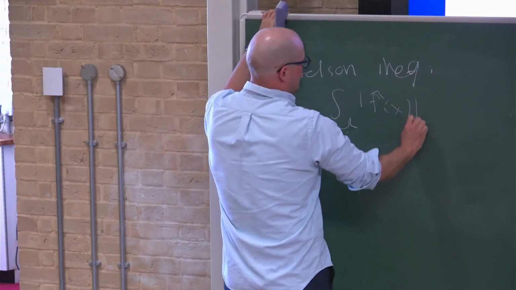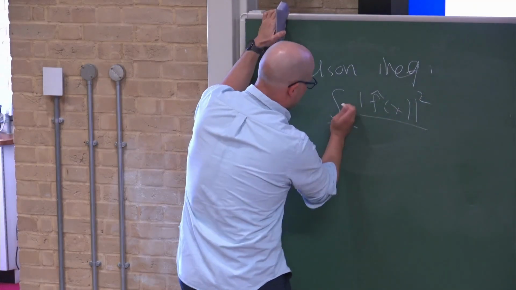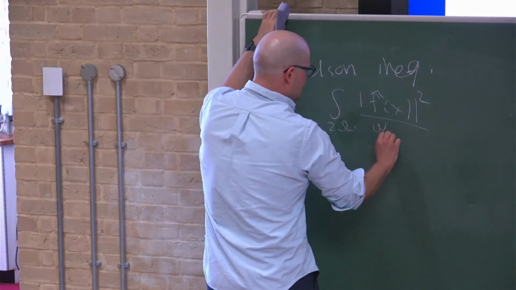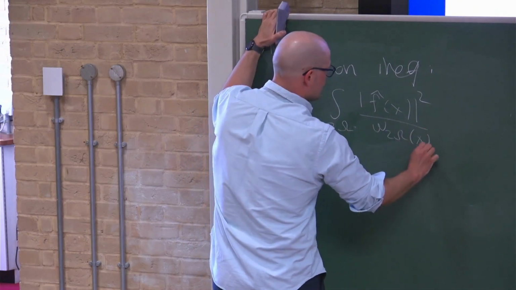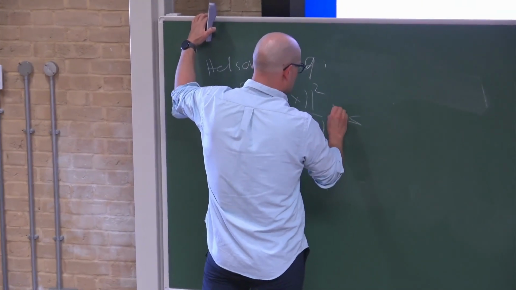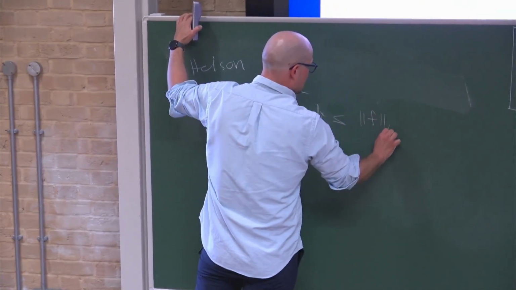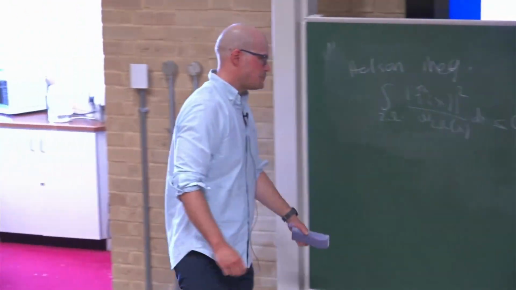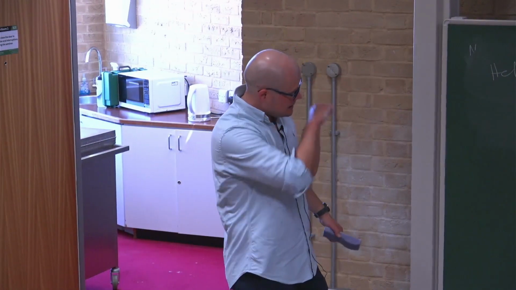I mean, if the Helson inequality holds for omega, it holds for 2 omega. That's easy to see, with some constant. So that's the Helson inequality.